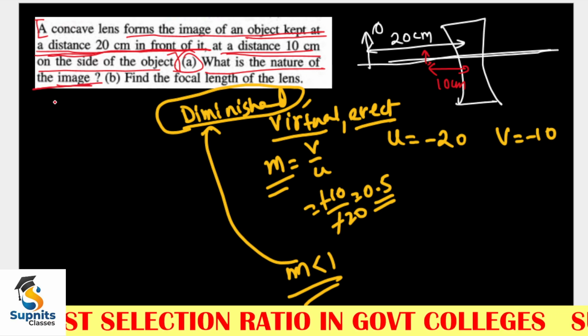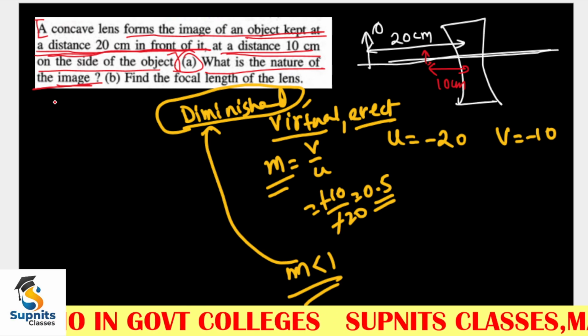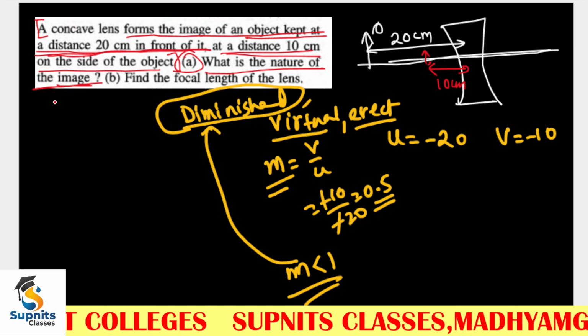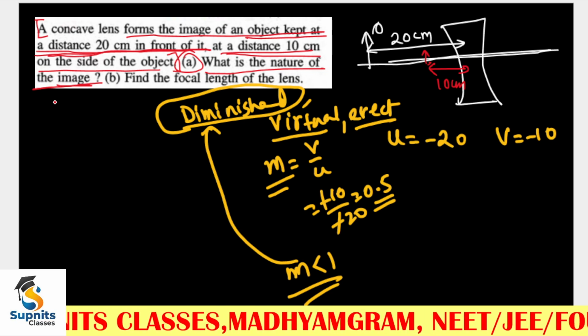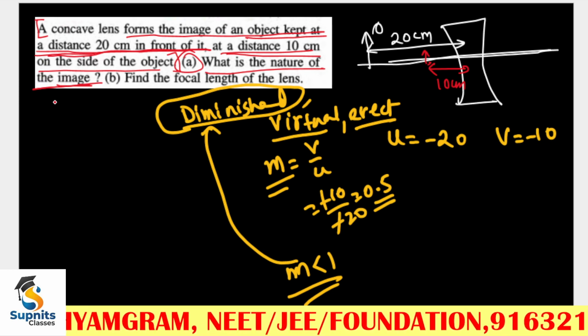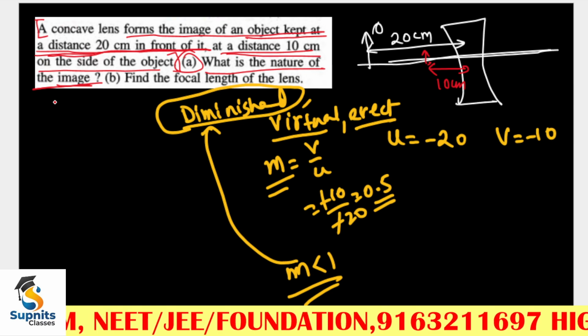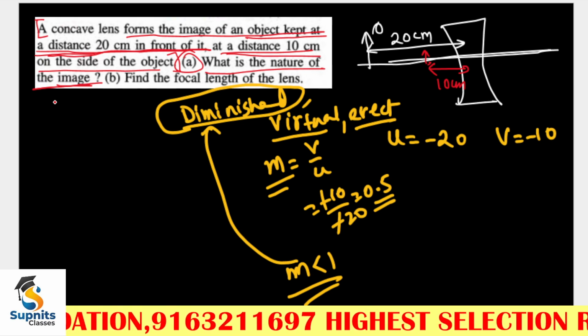You have to find out whether it is virtual. If it is virtual, it will be erect. Next, find out magnification, see whether the magnification is less than 1 or more than 1. If it is less than 1, then definitely it is diminished. If it is more than 1, then it is enlarged.